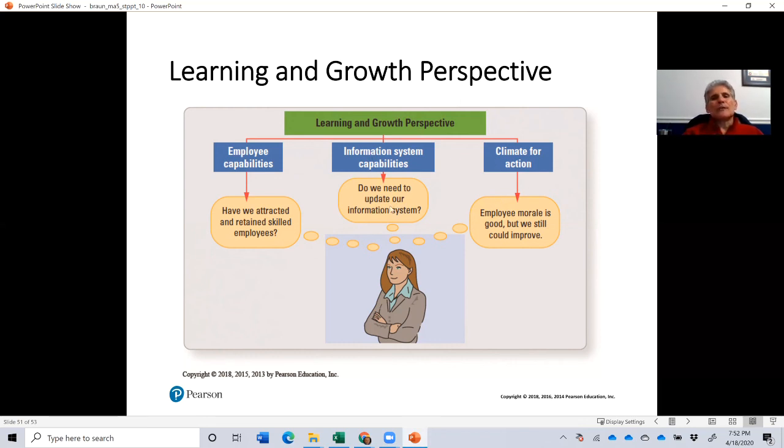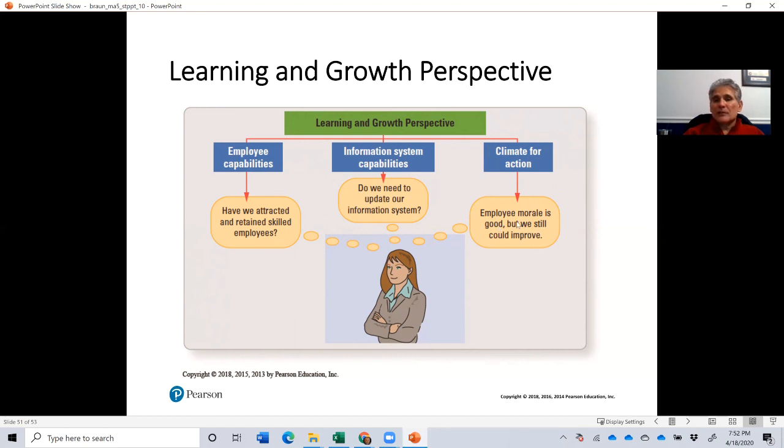Information systems, do we need to update our information systems? Are there systems that are better than ours that are making other companies gain a competitive advantage? And if so, what are some things we can do different? And then climate for action. And this is more like a cultural, the way you view your perspective, the climate. What's the culture like in your organization?